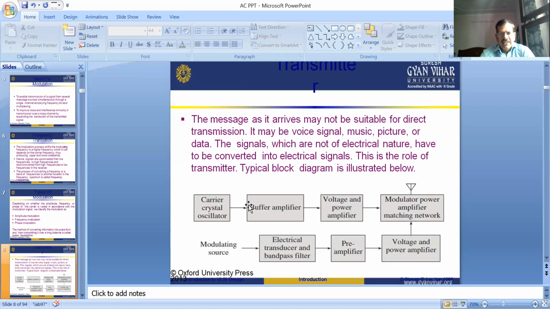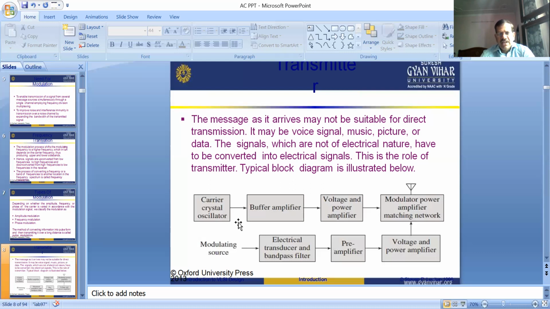Next, this signal is transmitted to a buffer amplifier. The role of the buffer amplifier is that if the signal has low amplitude, the buffer amplifier increases the strength of the signal received from the crystal oscillator.